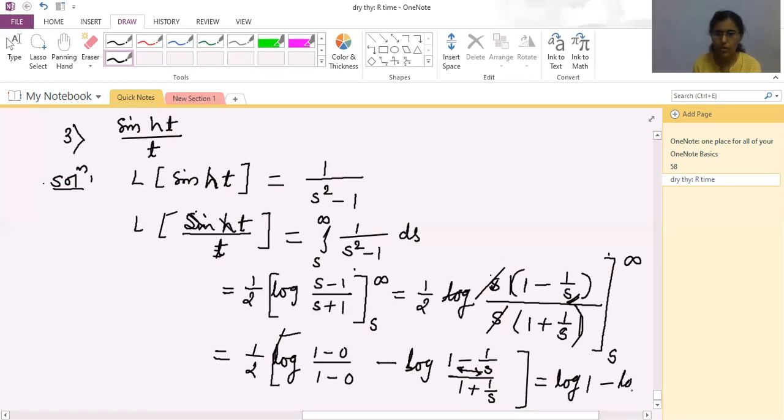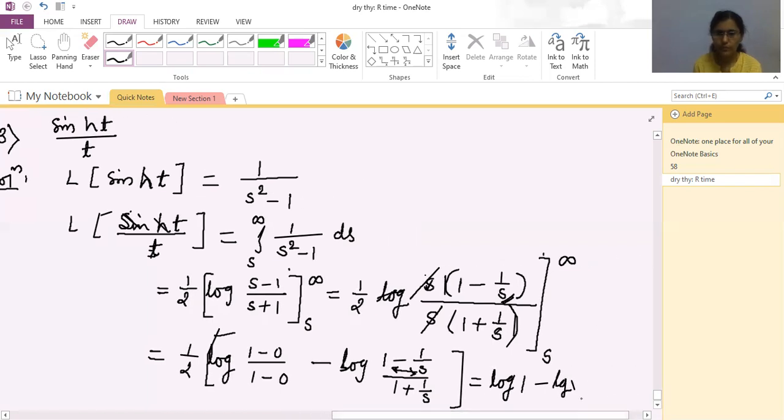So it is log of the term (s minus 1 upon s) upon (s plus 1 upon s), isn't it? And now this s and s will get cancelled.